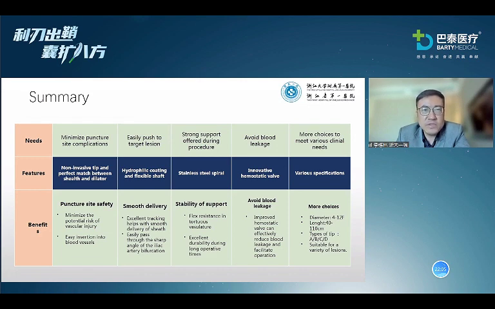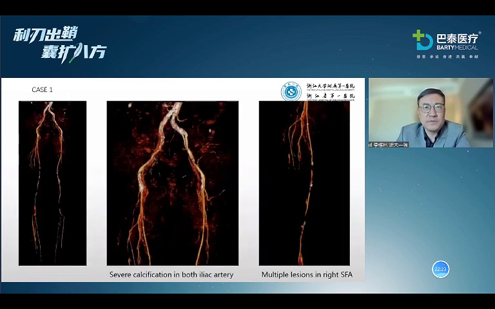You can see there's a beveled shape, and pushability and support reach a balance. There's also a hemostatic valve, and it can perfectly satisfy the clinical needs in different scenarios.